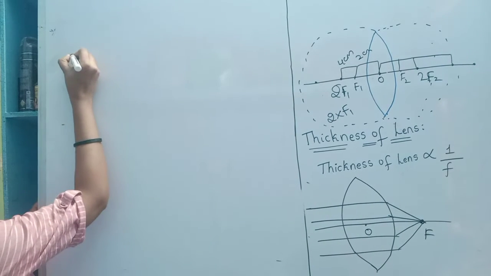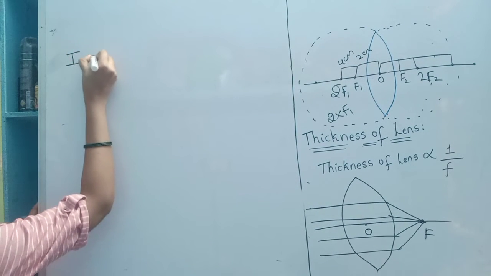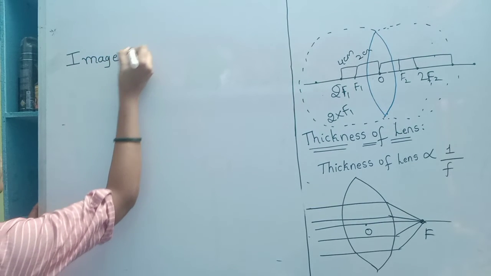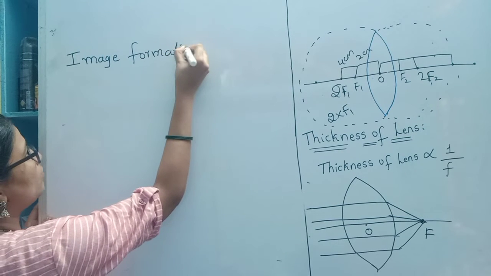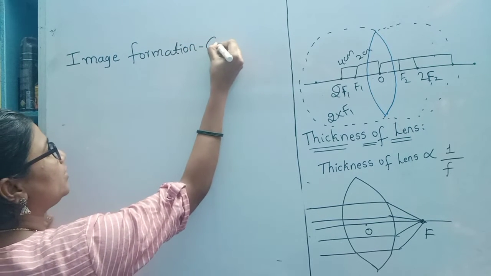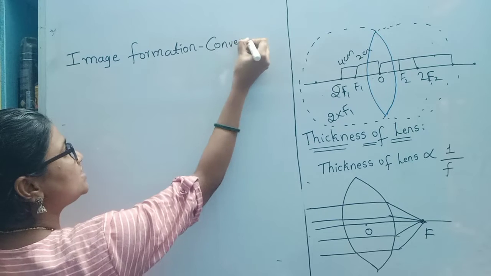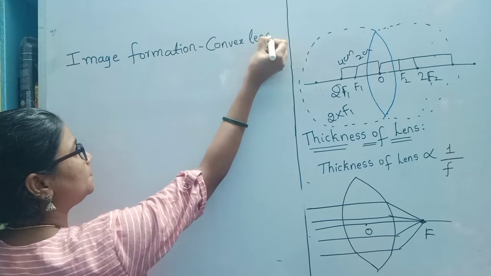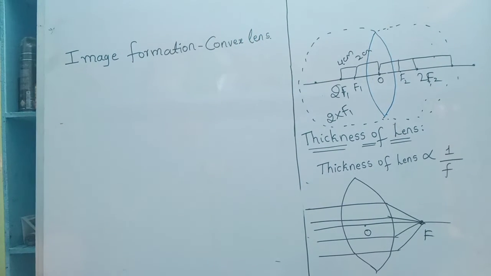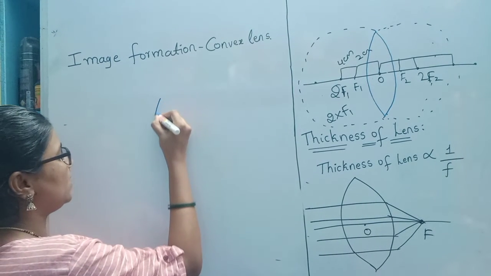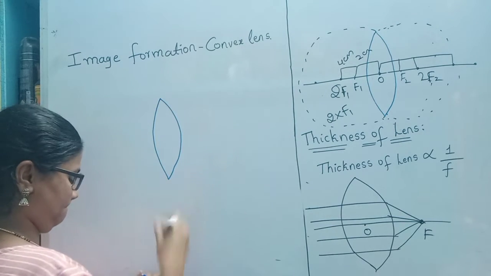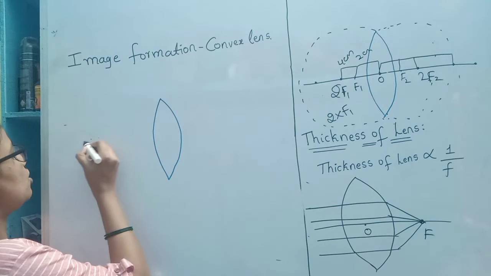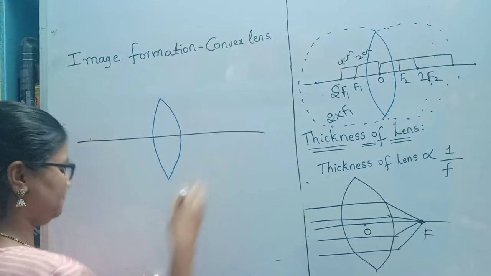Image formation by convex lens. Let us consider a convex lens, a biconvex lens. Let us draw a principal focus.